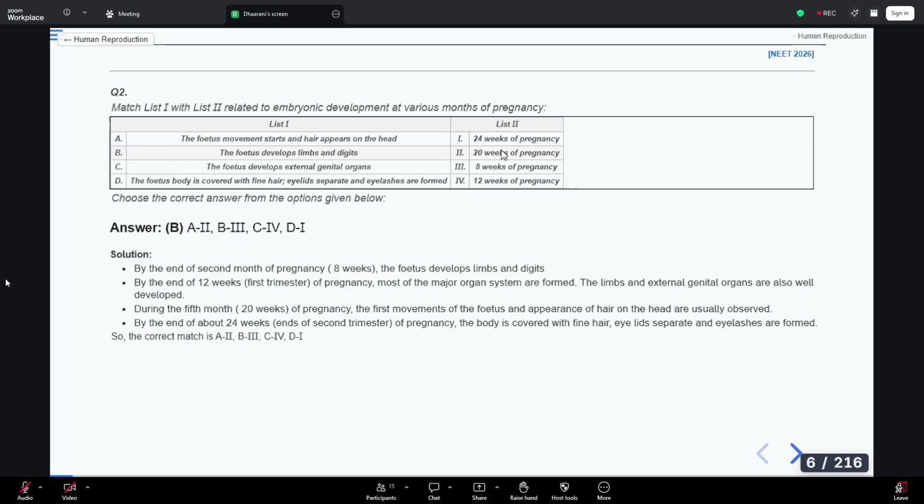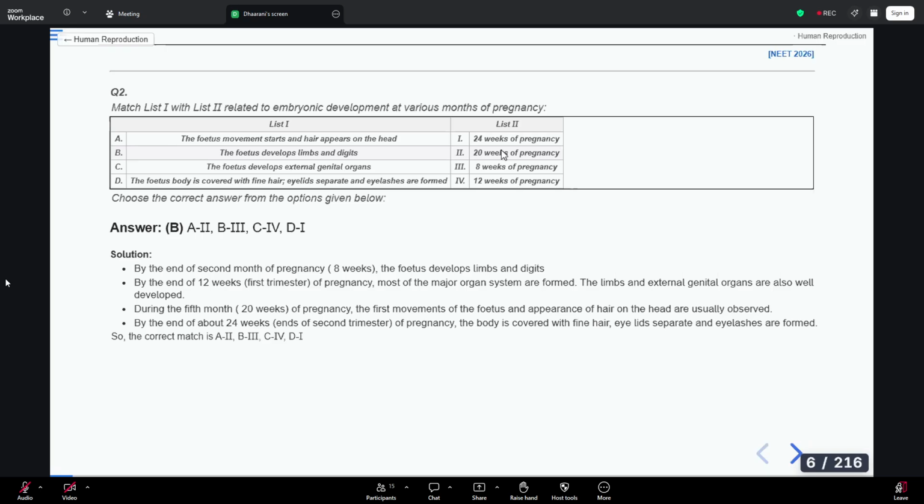So after 24 weeks, what will happen? I'm asking about the last month, the ninth month, 37 to 40 weeks.